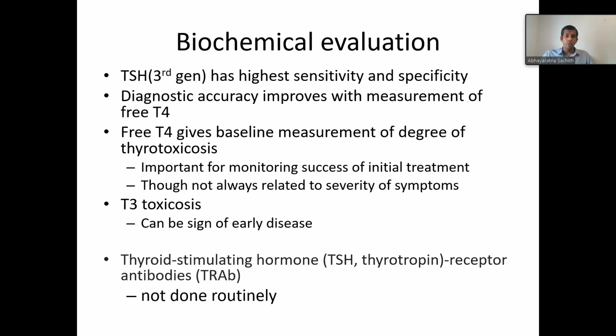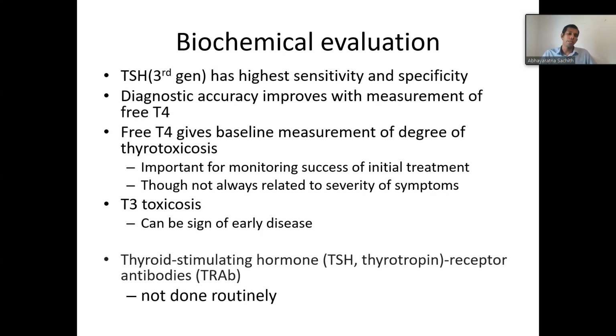And then, I told you that the base of the pathophysiology is the TSH receptor antibodies, the stimulating type antibodies. We call them TRAb in short. That can be done, and it will give you more details. But in routine practice, we don't do that because it's an expensive test.